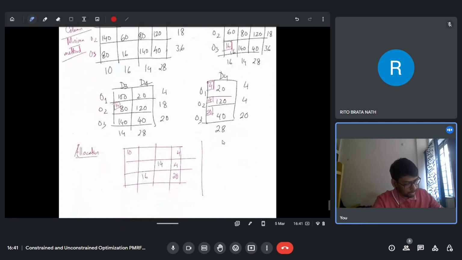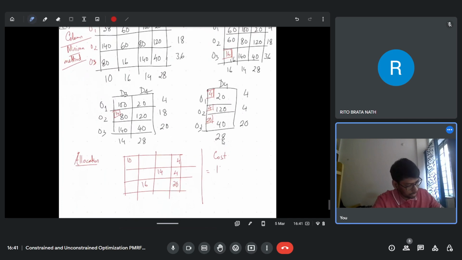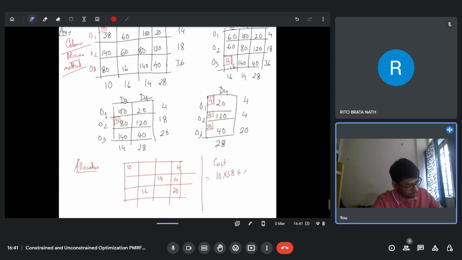And let's calculate the cost. So it's 10 times 38 plus 4 times 20 plus 14 times 80 plus 4 times 120 plus 16 times 16 plus 20 times 40.